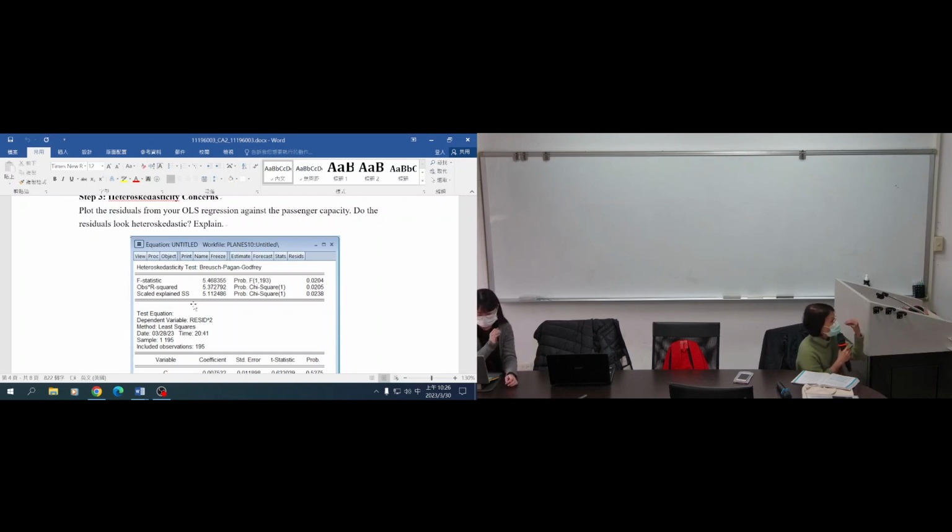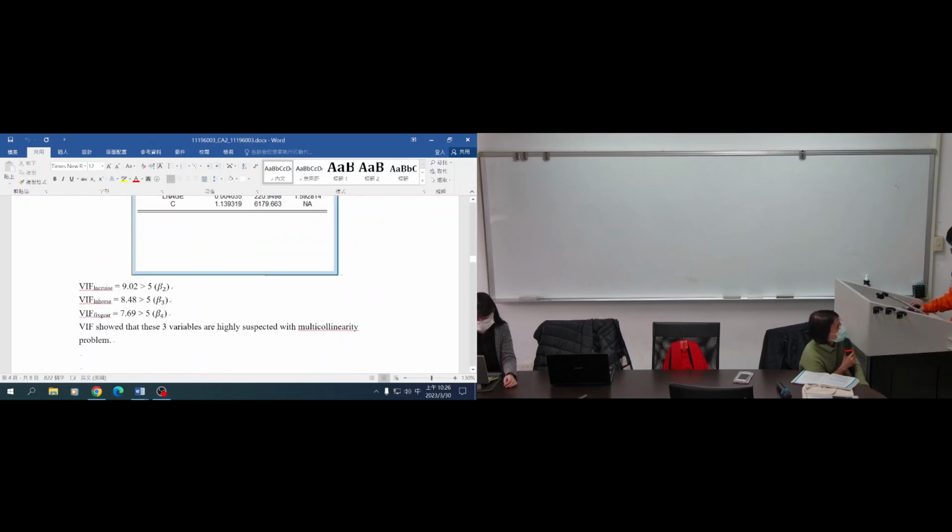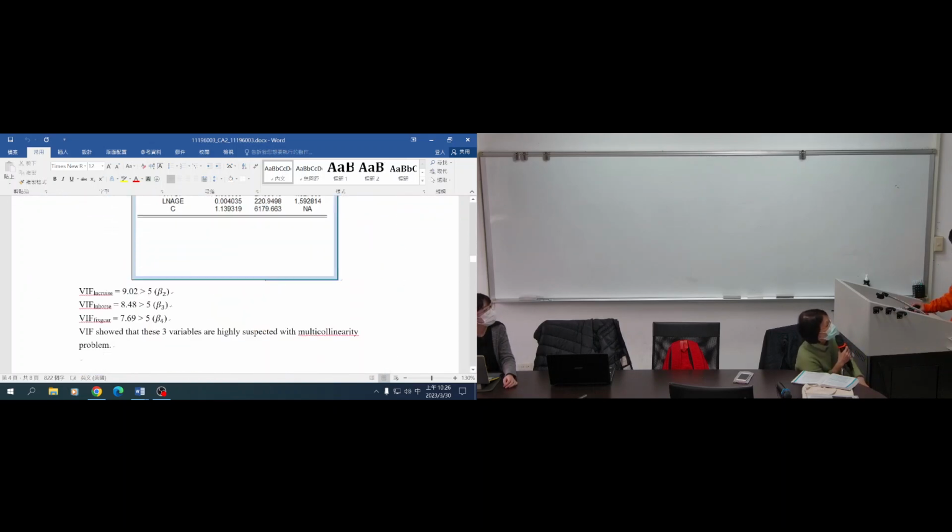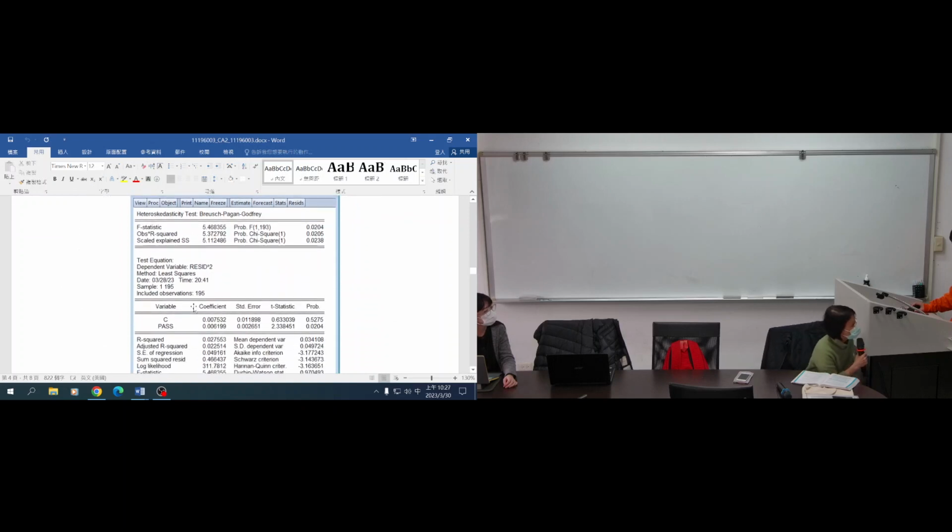Can you show the variables? If you run with eViews, then automatically they have some variables. One is C, meaning constant. The other one is RESID. That's called residual.